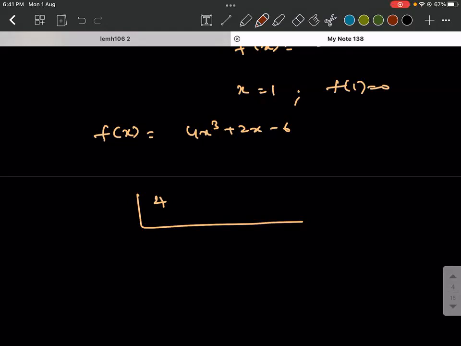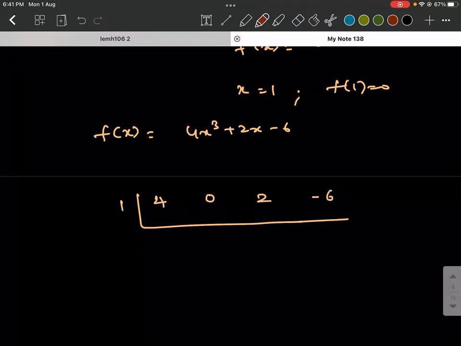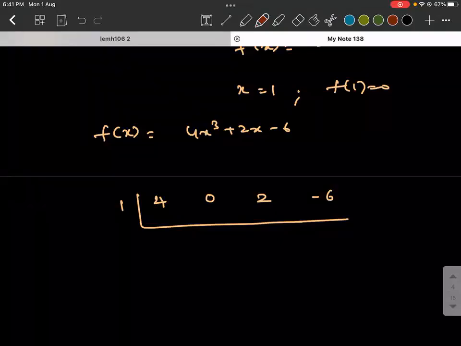So coefficient of x cube is 4, coefficient of x square 0, coefficient of x 2, constant minus 6. So x is equal to 1 is a solution. In the synthetic division method, you should always start with a 0 and add the values.